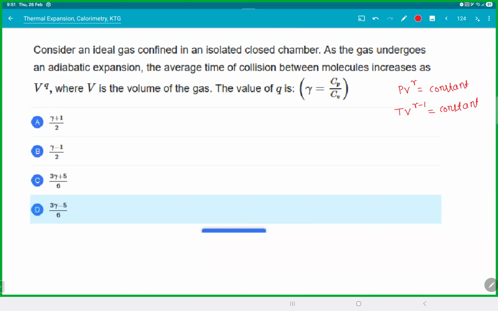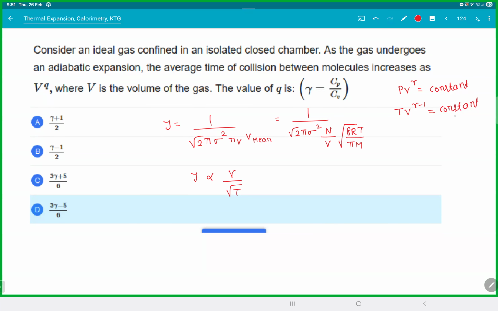Right over here. You're asking for tau. So tau is equal to 1 by root 2 pi sigma square NV v mean. NV is simply number of molecules by volume. v mean is root over 8RT by pi m. So we can clearly see tau is proportional to volume by root temperature. That is the main thing. You need to get it in terms of volume and temperature.